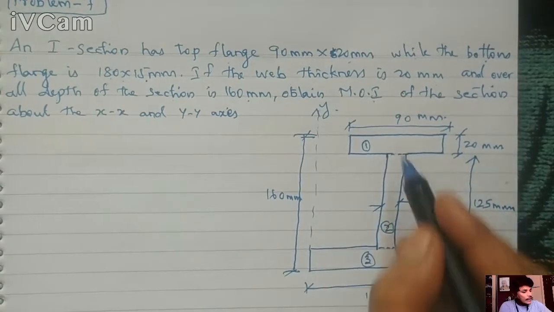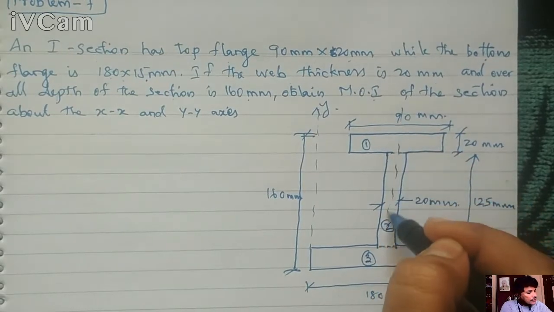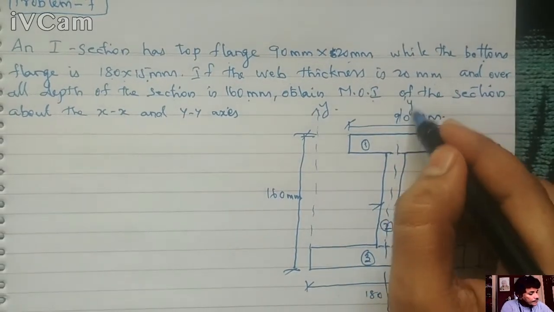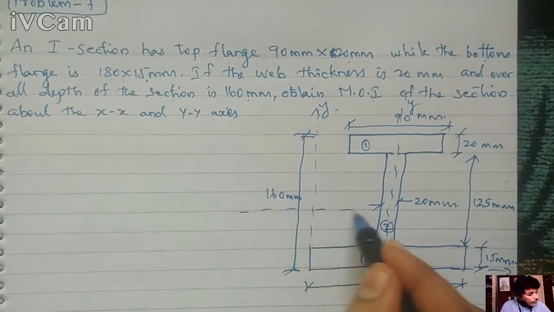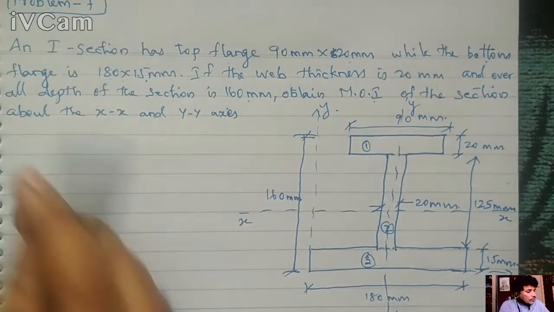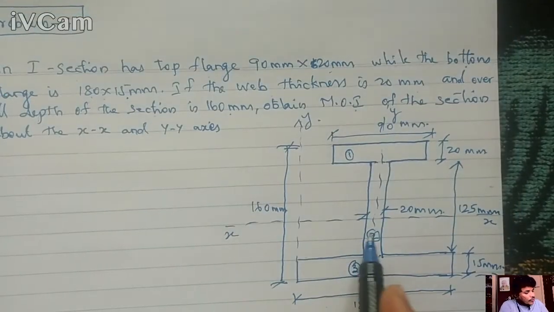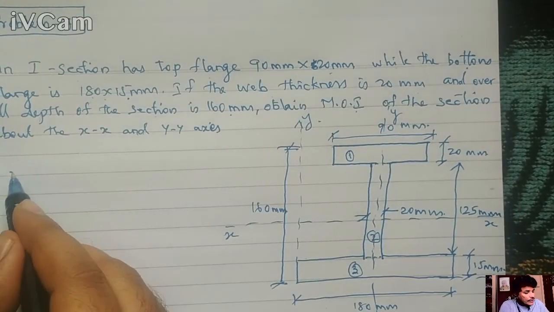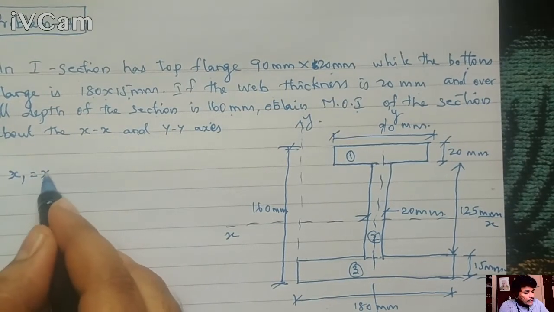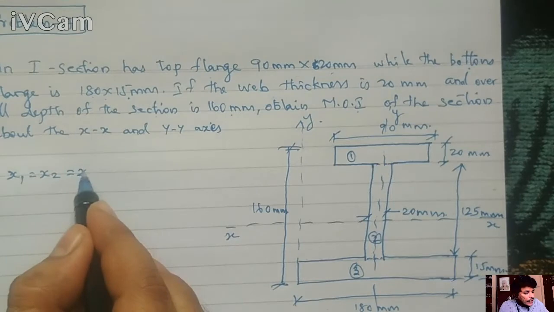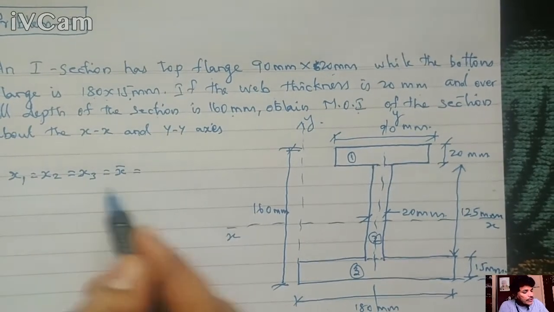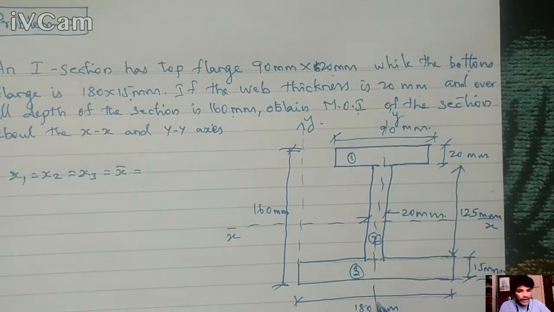I already told you this is symmetrical about the y plane and unsymmetrical about the x plane. So symmetrical about the y plane means x1 equal to x2 equal to x3, which is equal to x bar. All the centroid points are on the same line.